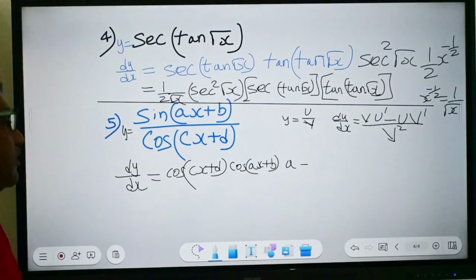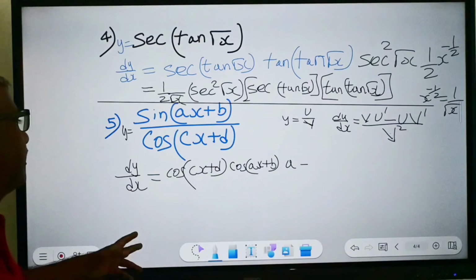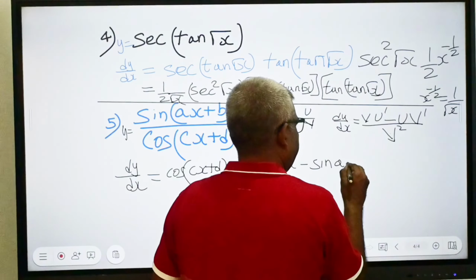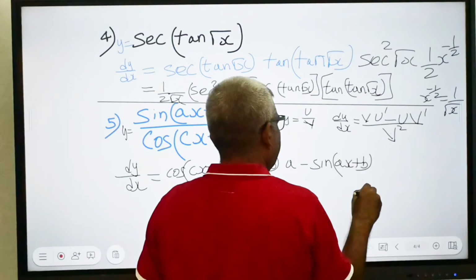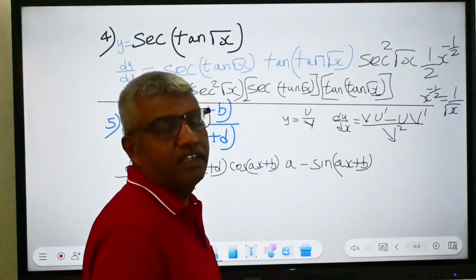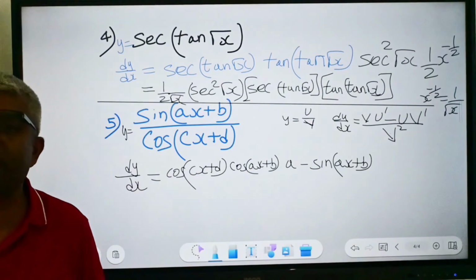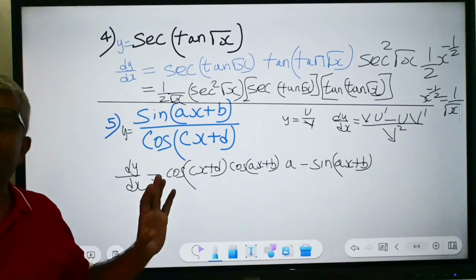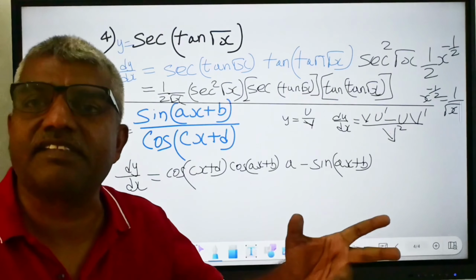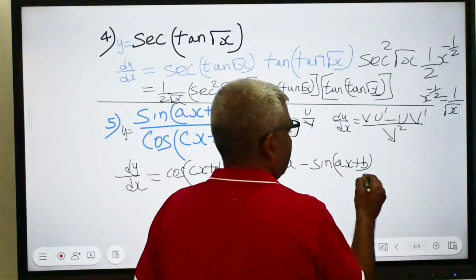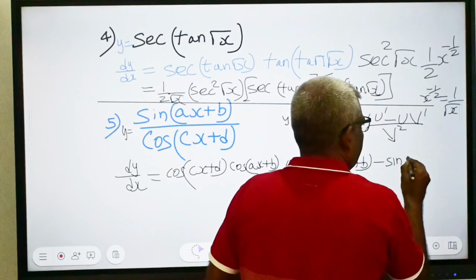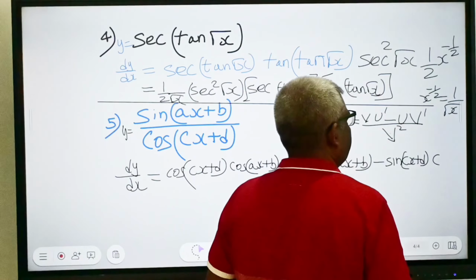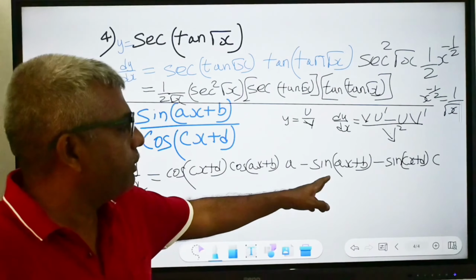Minus v u dash minus u, sin(ax plus b), v dash: cos(cx plus d) differentiate. Cos x is minus sin x. So cos(cx plus d), minus sin(cx plus d). Then cx plus d, if you differentiate c, people will mostly commit this mistake.